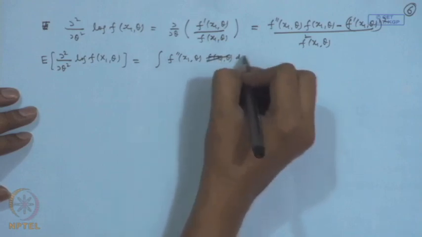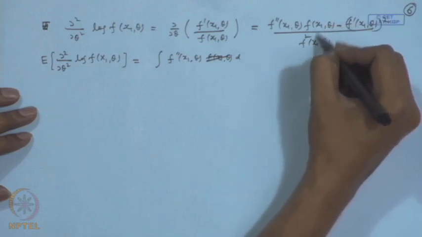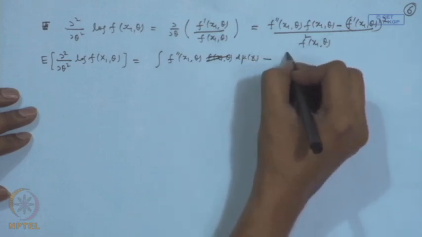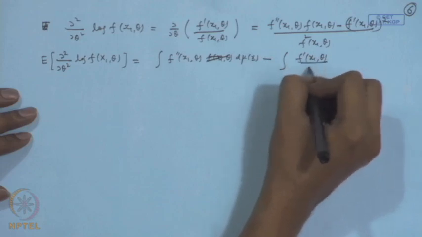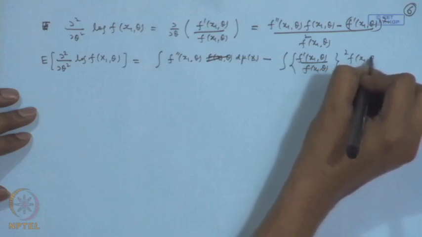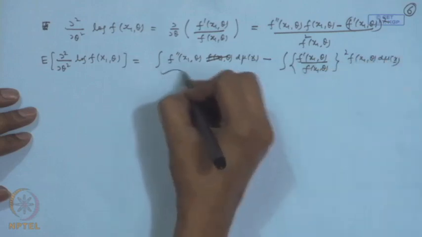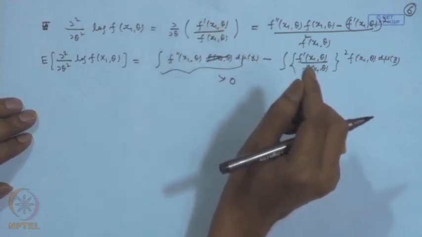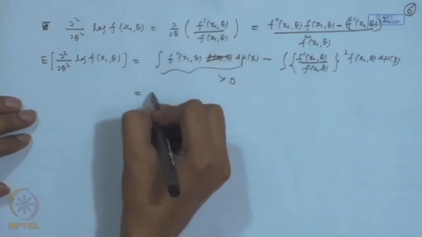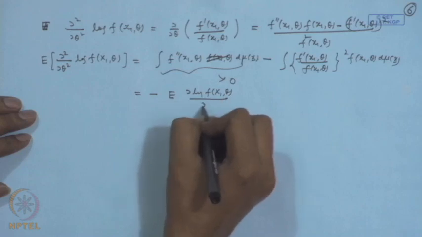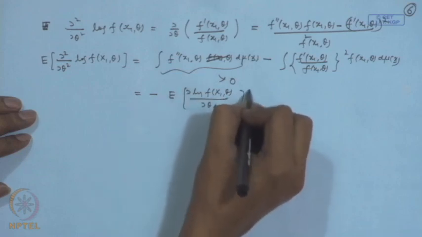So, this will be cancelled out, minus the second term will become integral of (f prime x 1 theta by f x 1 theta) whole square f x 1 theta d mu x. Now, this first term is 0 because of the assumption, because integral f x 1 theta d mu x is equal to 1. So, you differentiate under the integral sign. So, this becomes 0. So, this is nothing but minus expectation of (del log f x 1 theta by del theta) whole square.